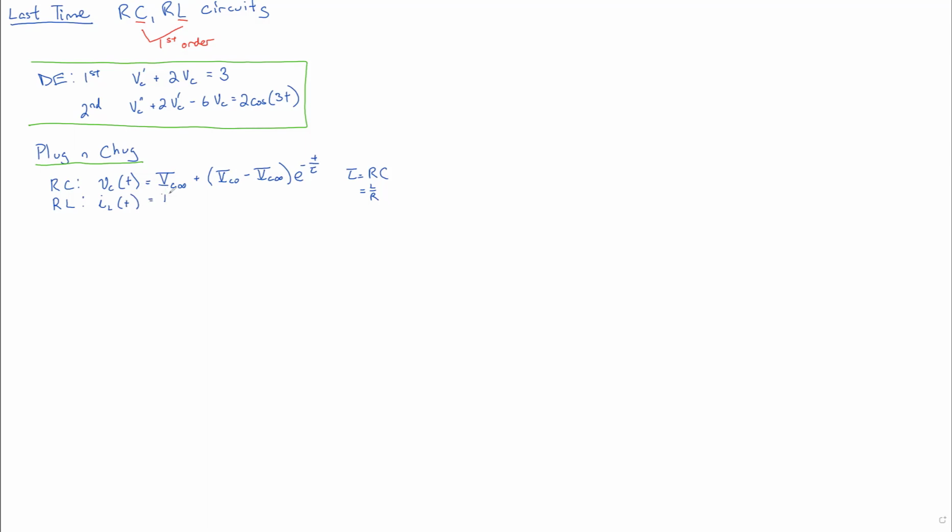Now, a fair point is, what if we're asked to find some current or voltage other than VC or IL? And KC, what would you say to someone who says, hey, what's the plug and chug equation to find the voltage across the resistor, say?